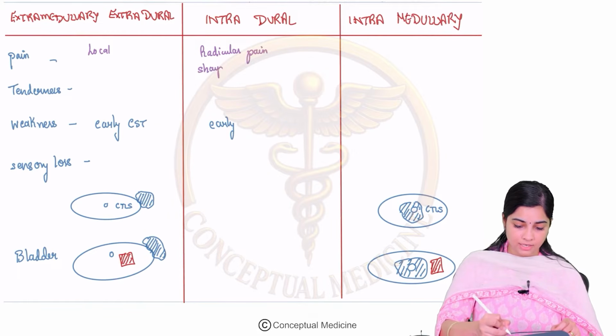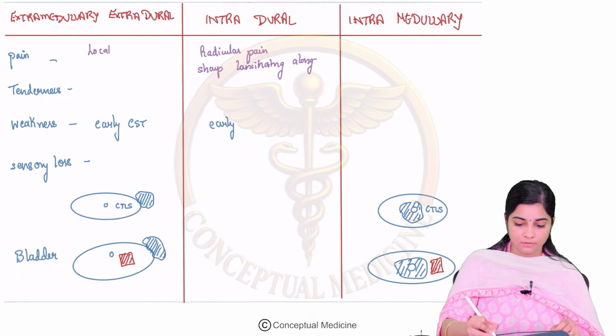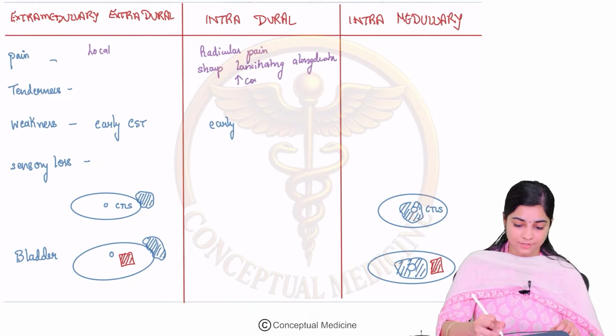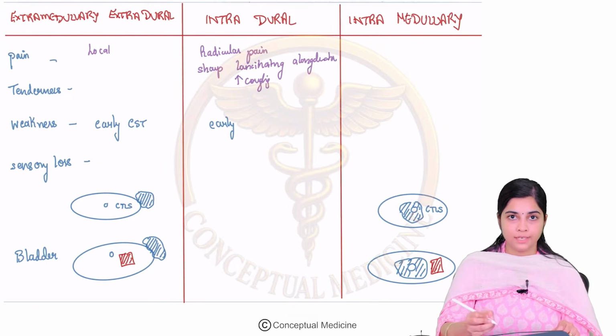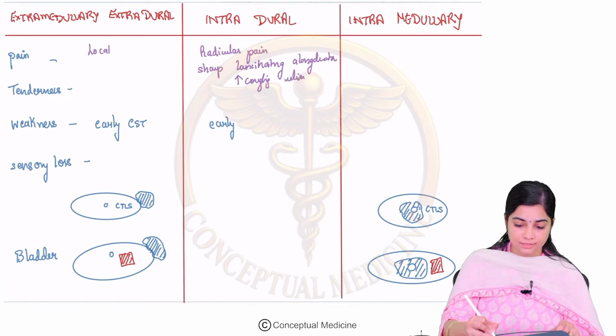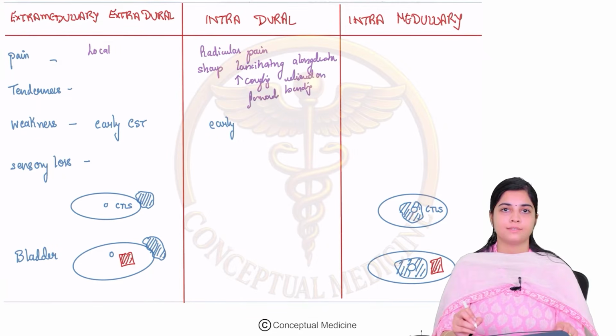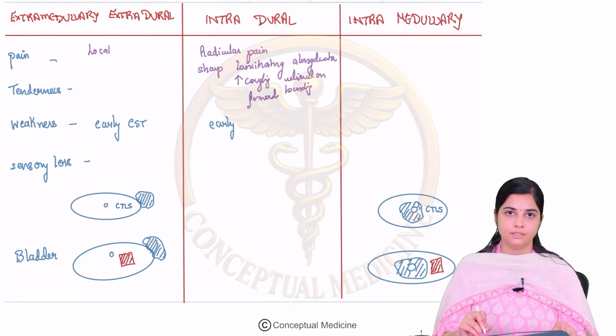It is a sharp lancinating pain along a particular dermatome, okay, and this increases with conditions where there is an increased abdominal pressure like coughing, okay, and it is relieved on bending forward. So that is your extramedullary intradural lesion.